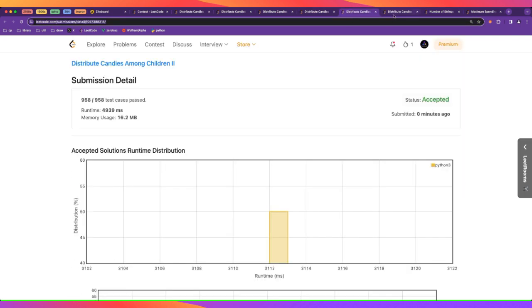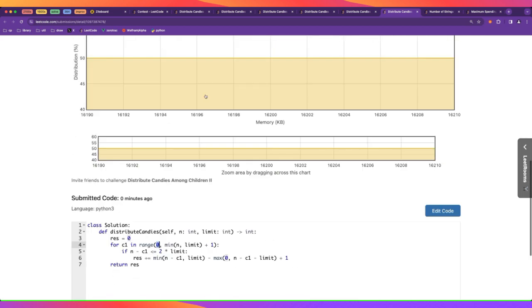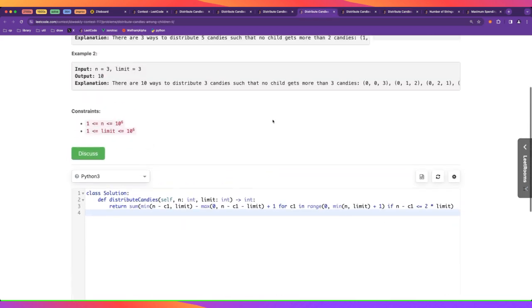So I'm still thinking about this, because yes, here we can... what this means is that we started C1 from 0, but there is such a thing as giving C1, so giving the first child too few candies, right?